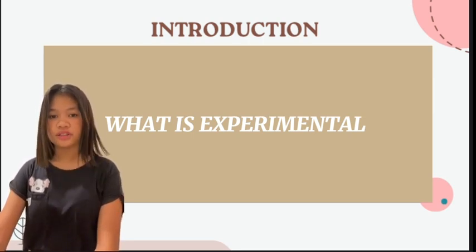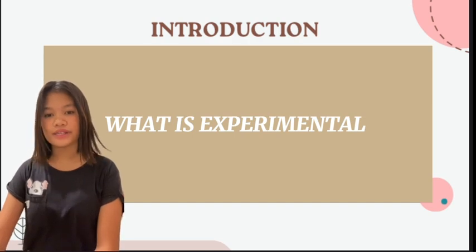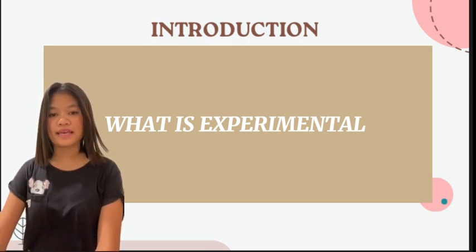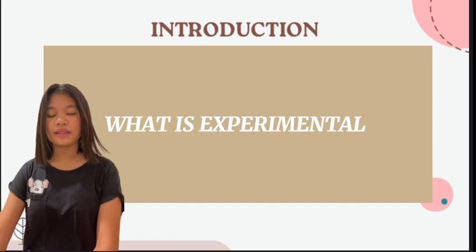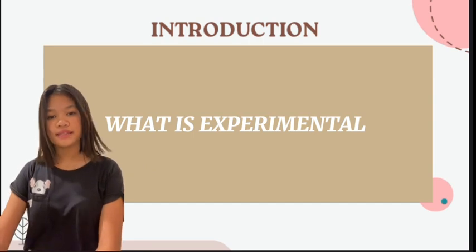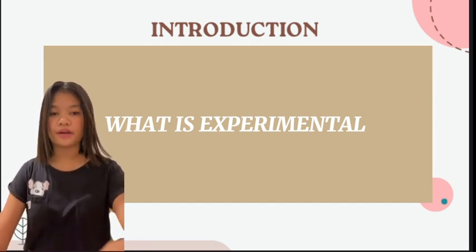The controlled conditions enhance reliability and replicability, contributing to the scientific rigor of the study. Findings from experimental research not only inform decision making in various fields but also advance scientific knowledge by systematically building upon existing theories, making it a crucial method in the pursuit of understanding natural and social phenomena.